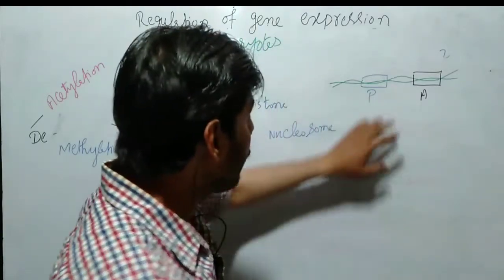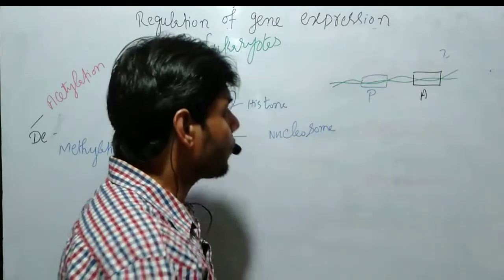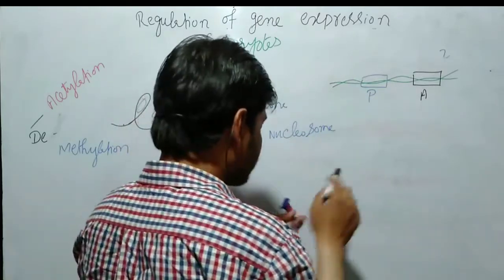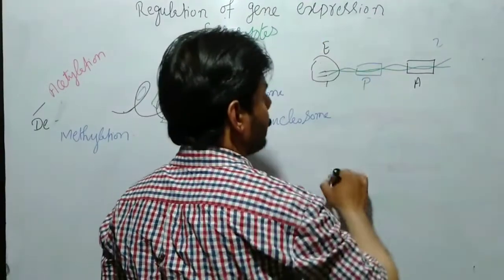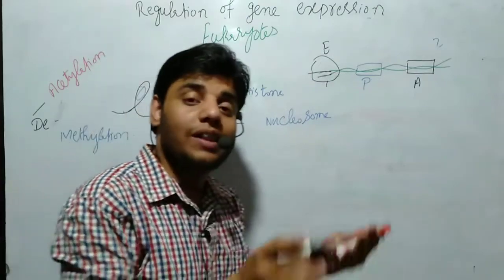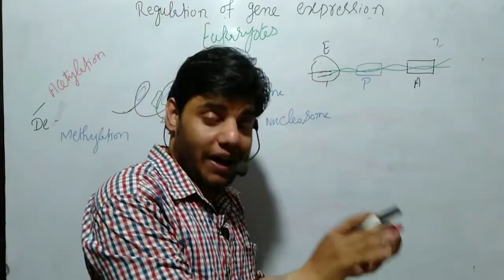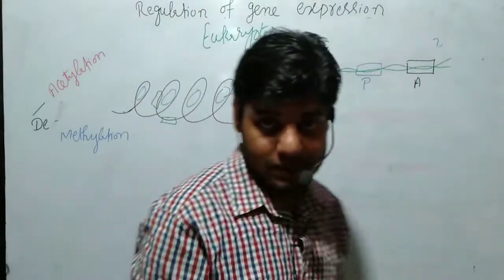Now at upstream of the promoter region, we have some other sequences which we call the enhancer. The enhancer is the sequence where the transcription factors bind and cause the gene to be expressed.